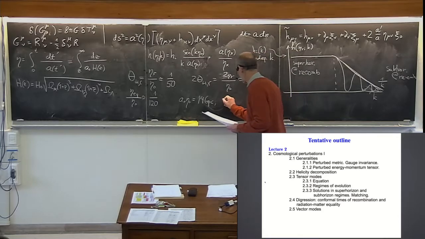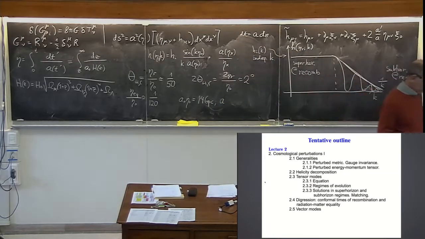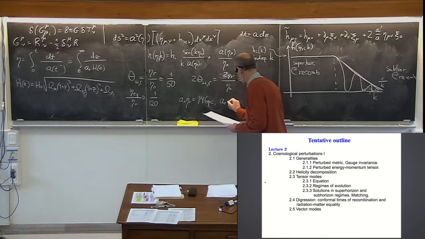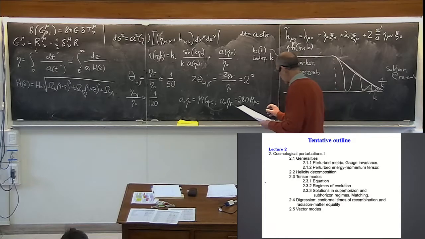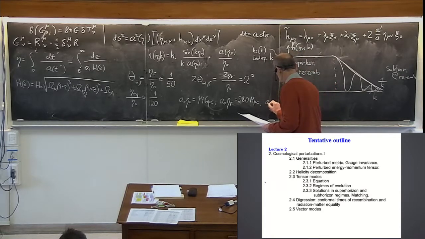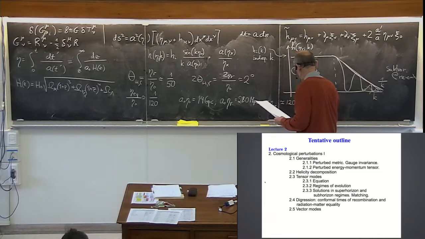The waves that were just entering horizon at recombination have present wavelength a naught eta r, which is 280 megaparsec. And those that enter horizon at equality today have size of about 120 megaparsec.